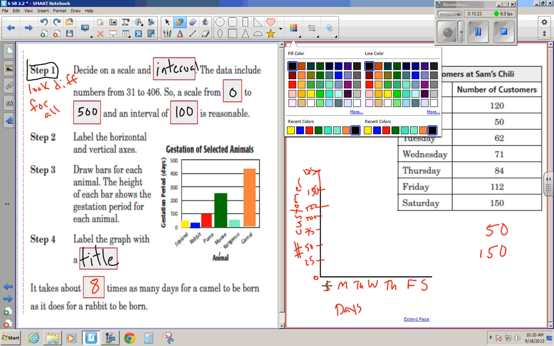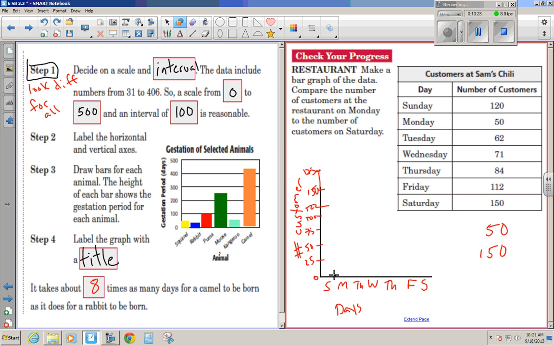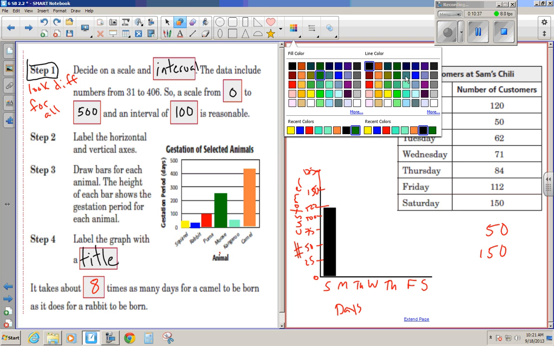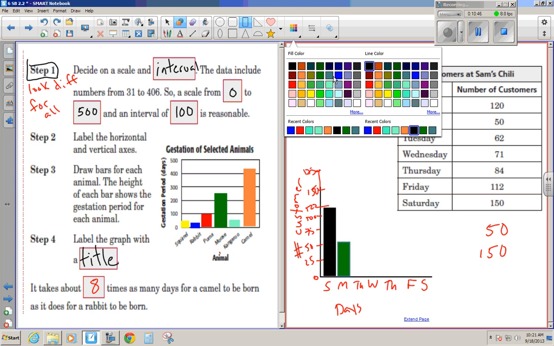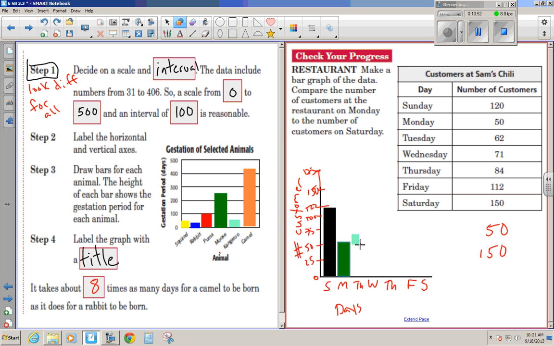So on Sunday it is 120. So on Sunday it's all the way almost to 125. On Monday it's only 50. On Tuesday it goes up to 62, so it's a little bit more than Monday. On Wednesday, 71.